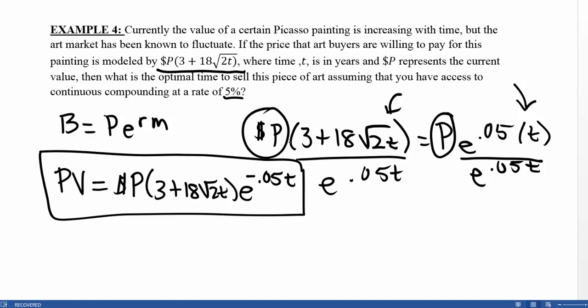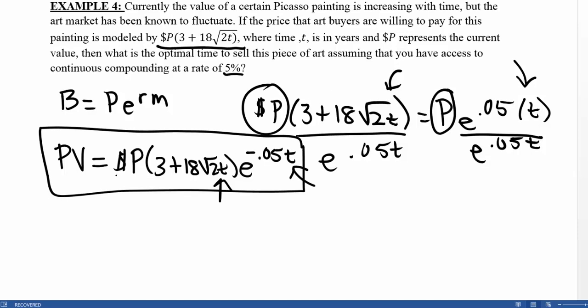That will optimize our present value and will also tell us the optimal time to sell, because that's when we'll make the most money. So now we have to go back and think about what we know about taking derivatives of functions that have the variable in more than one place. Notice we have a t in the power and we have a t here. P is a constant, so our variable here is going to be t. So when we take the derivative, we're going to have to use the product rule.